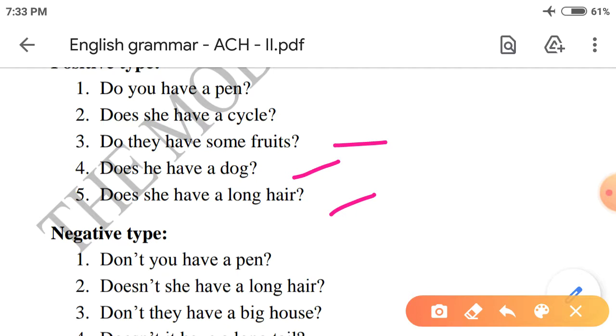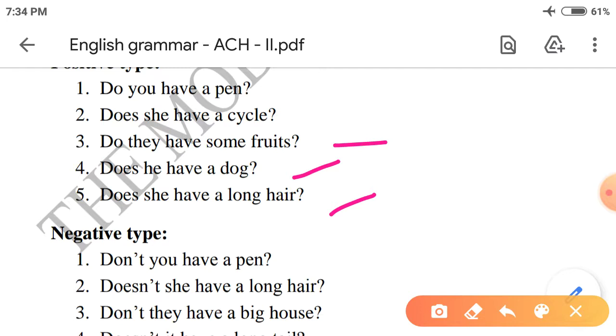So here already we have discussed the do form verbs, so that is also presented. Do you have a pen? So here first do, then have. Why is it have? Because the subject is you. See the second example. Does she have a cycle? You can ask me, no, since it is she, shouldn't has come?